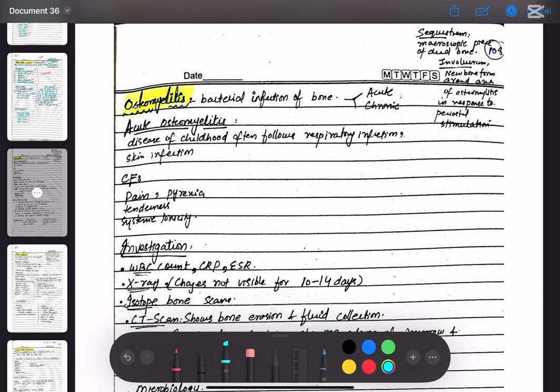So what is osteomyelitis? It is a bacterial infection of the bone. Whenever bacteria cause infection in the bone, it is called osteomyelitis. We have acute osteomyelitis and chronic osteomyelitis. Acute osteomyelitis is a disease of childhood and often follows respiratory infection and skin infection.